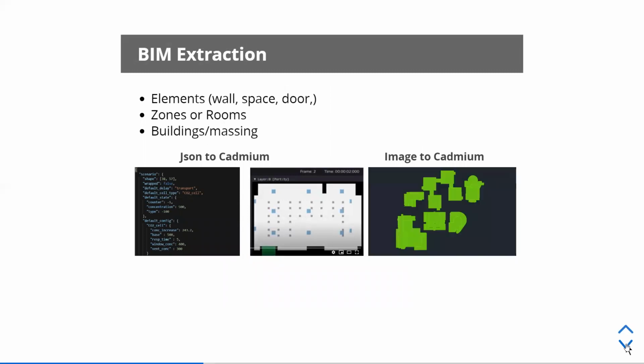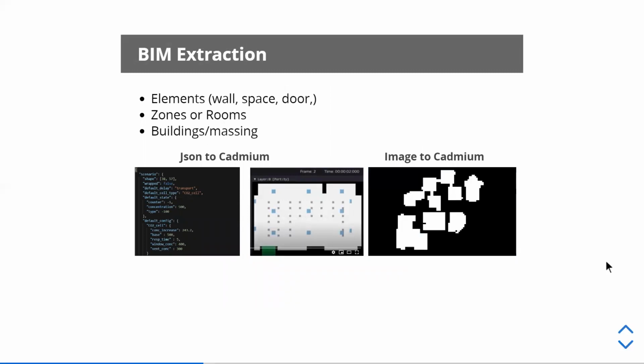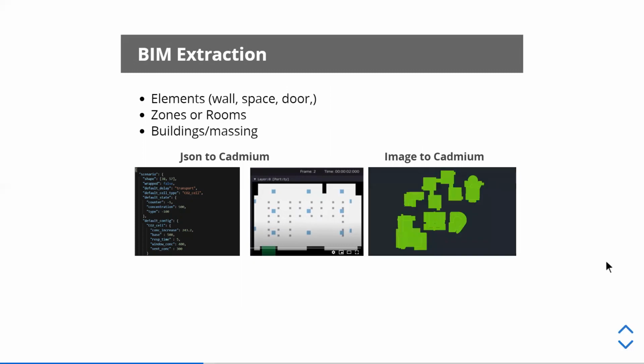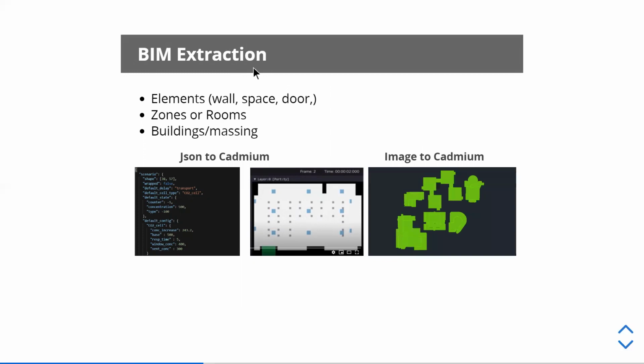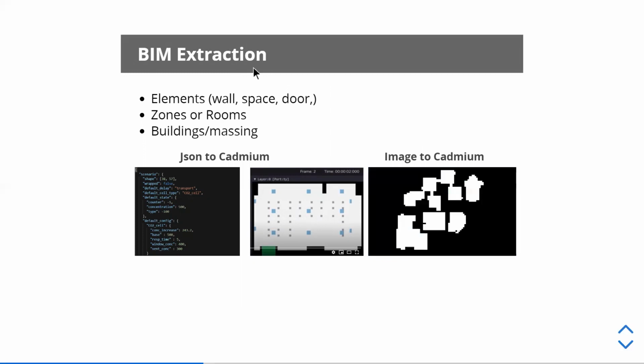Based on the type of simulation, the data needs to be extracted at different levels, like elements, walls, spaces, doors, or zones, rooms, buildings, and masses.